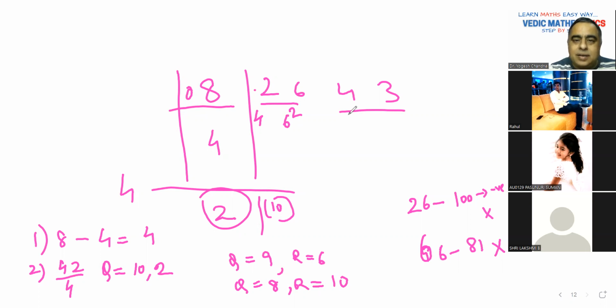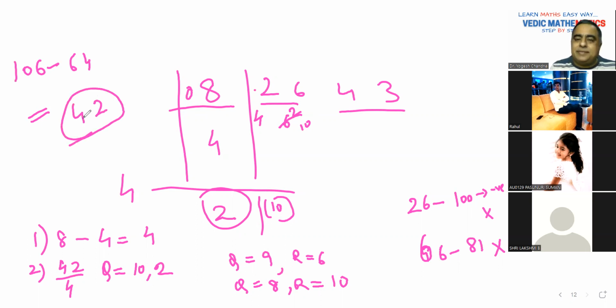Where did it go? Here we had 6. So this 106 minus 64. Now you got it. Here negative numbers will not work. Vinculum, we will look at a little, but this is the procedure.